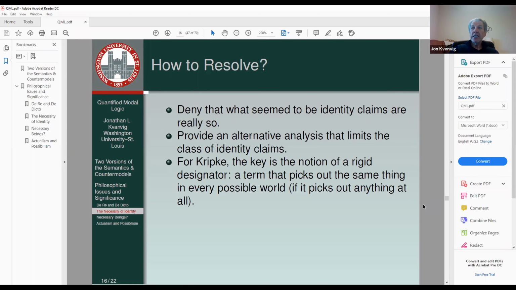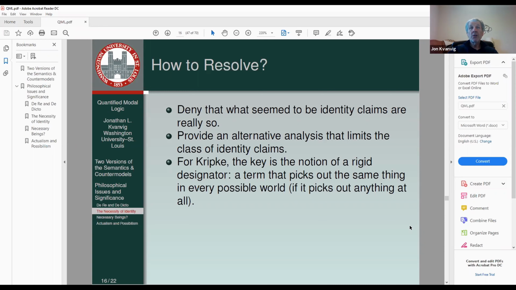You're going to get identity claims that can be true only when you get rigid designators on both sides. So Ben Franklin on one side of that equality symbol, that would be a rigid designator. But the inventor of bifocals is not a rigid designator. In this world, that term picks out Ben Franklin.